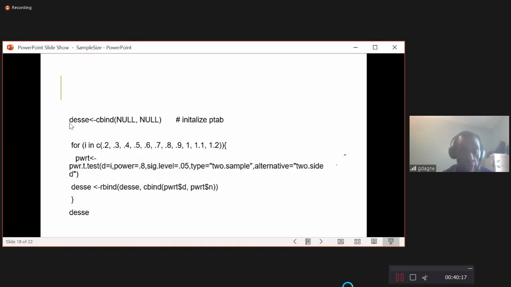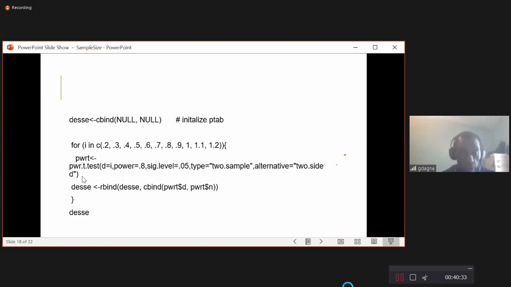Here I have d, which has two values. I create an object here. So for i, 0.2, 0.3 up to 1.2, all these different ranges here.